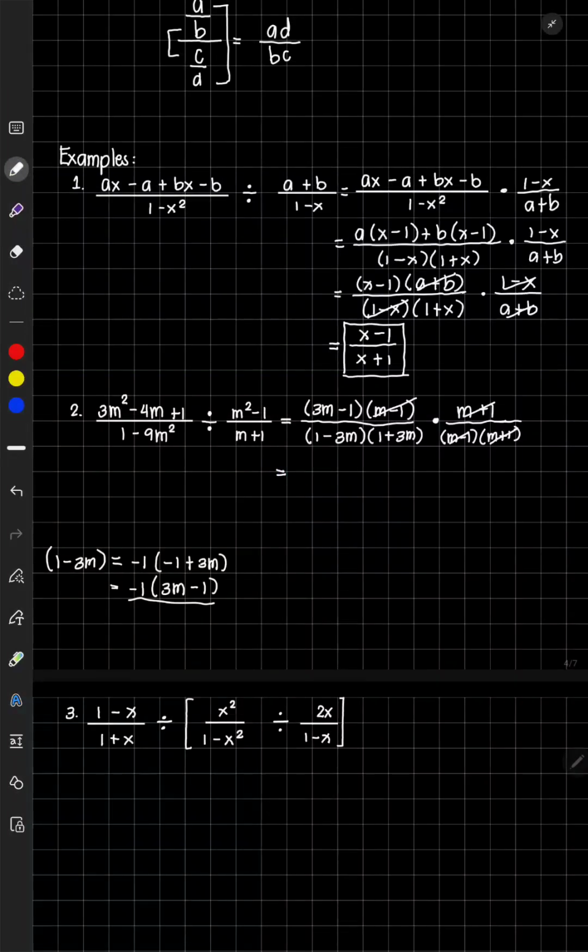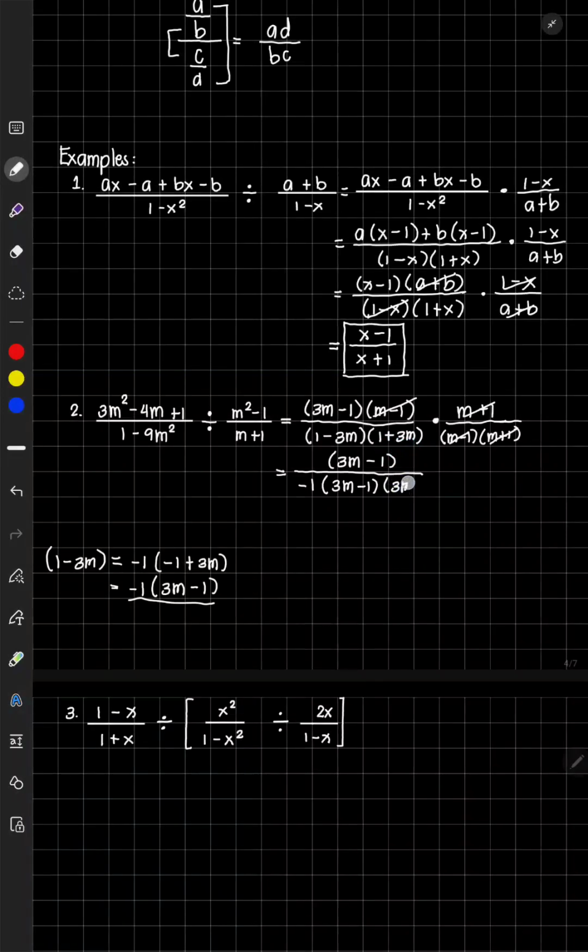So this would be equal to 3m minus 1 all over negative 1 multiplied by 3m minus 1. So since this is also positive, so plus, it's addition, we can just exchange these two.